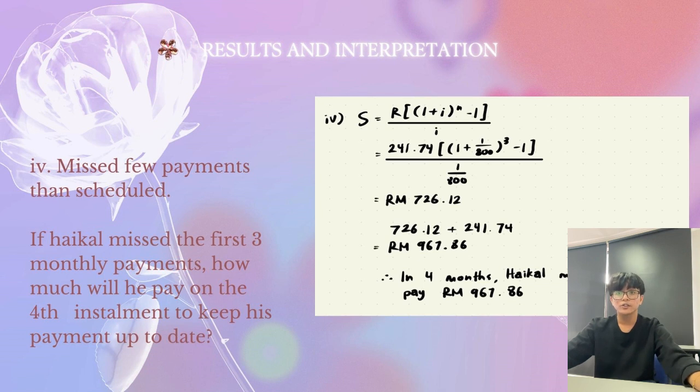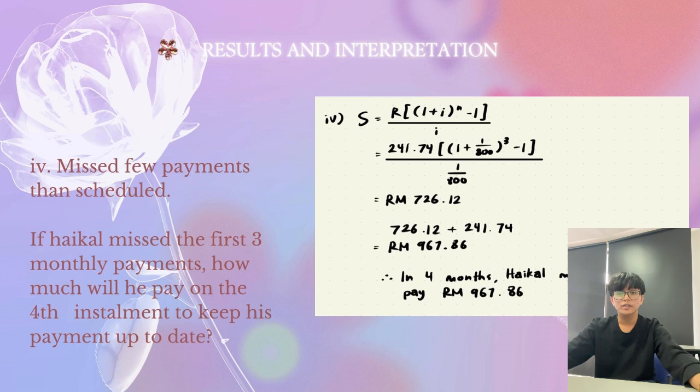N is 3 because Haikal missed the first 3 monthly payments, so we have to change the N. From the calculation, we get RM726.12.